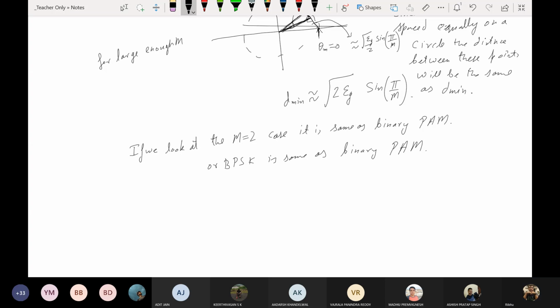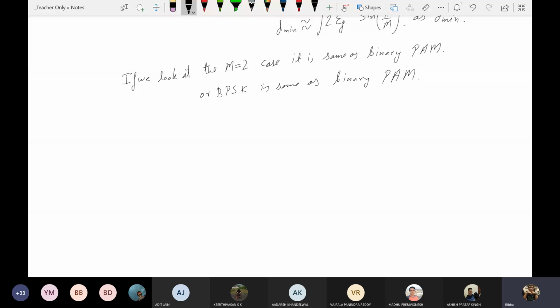Agreed? Yes, sir. Binary PAM we did in the last class. So the PSK is the same as binary PAM, and that is a special case.